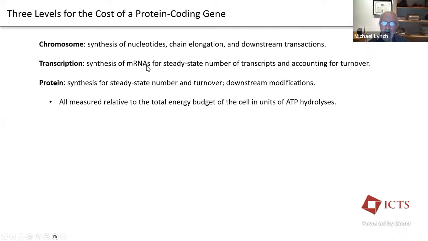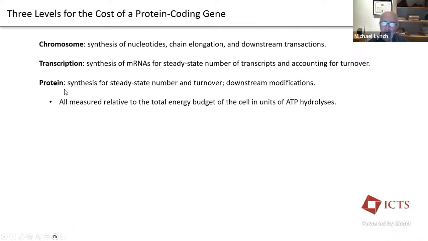We have to synthesize mRNAs from ribonucleotides. And for transcription, we have an additional problem that most transcripts only last a few minutes inside cells. So we have to be continually building more transcripts inside the cells. We have to account for turnover of transcripts required to maintain a steady state.